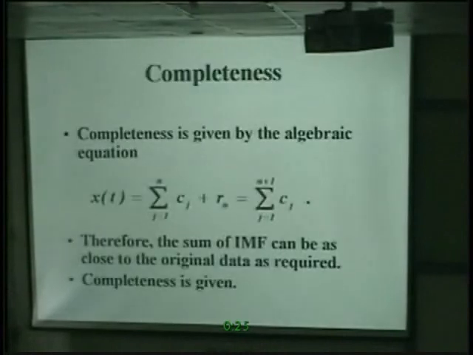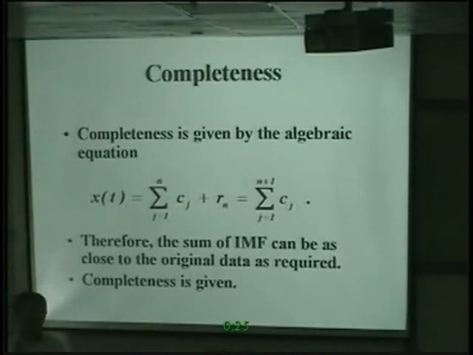The completeness means that if I have the components, if I add the components, can I get back to my original data? The answer is yes. This is given because our expansion dictates this. We always get back to the original data, even if the component does not make sense.